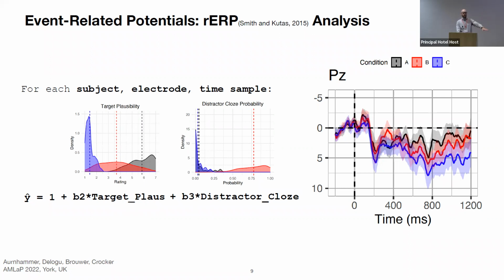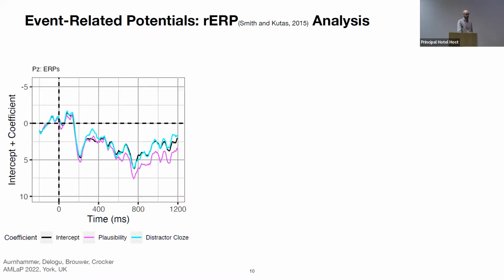So the model specification is always the same, but you just repeat the model fitting process as you move through the signal through time, and you can repeat the same for all the electrodes, and you can do it individually for the subject. Now, this has the effect that you can then actually graph what your coefficients look like across time here. And usually there would also be error ribbons indicating the variability across subjects. I just removed these because it's easier to see the lines here.